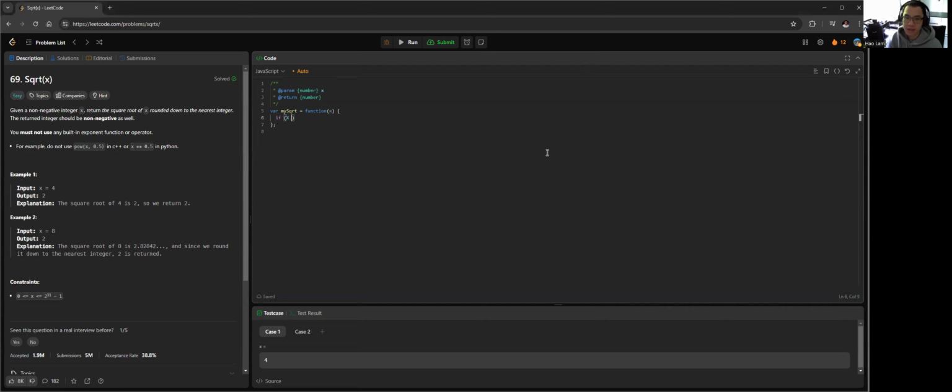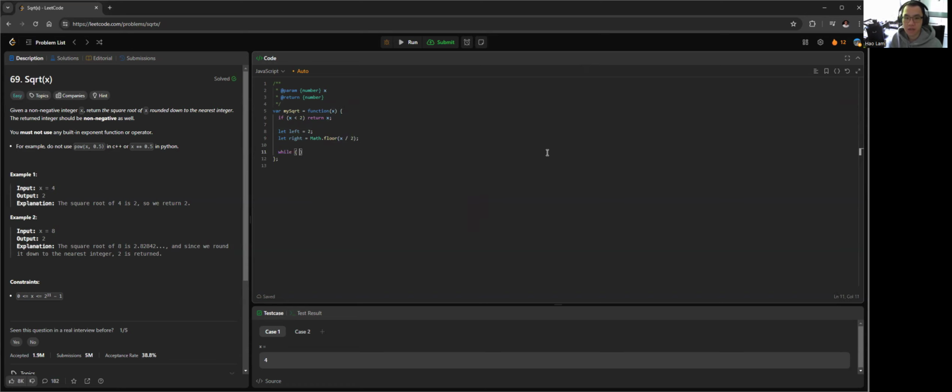Okay. So if x is less than 2, we can just return x. Otherwise, we start from 2 for left, and right equal to x divided by 2, and we need to floor that. Okay.